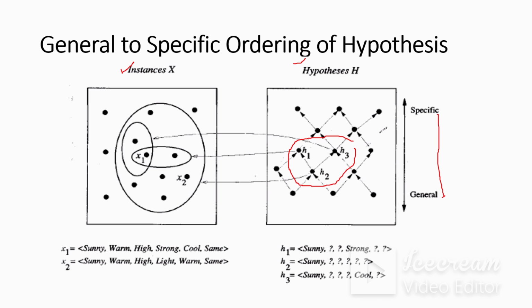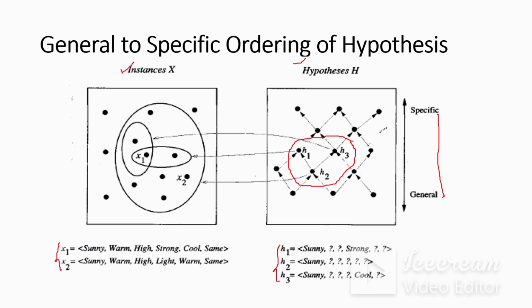The question that we need to answer here is which hypothesis is more general than the other. To answer this question, let us look at an example. We have two instances x1 and x2 and three hypotheses h1, h2 and h3.